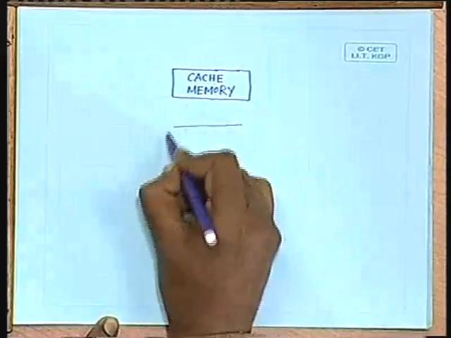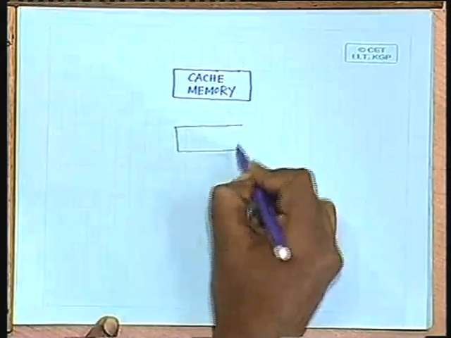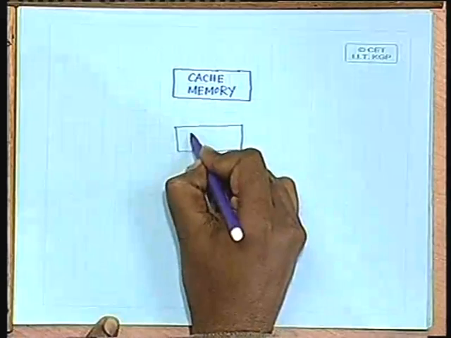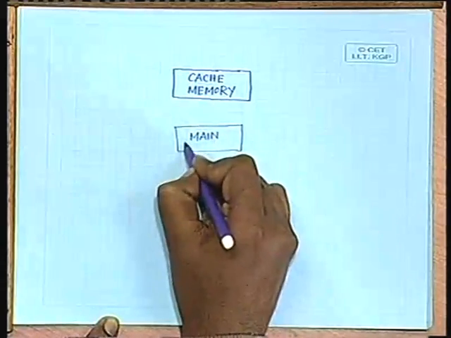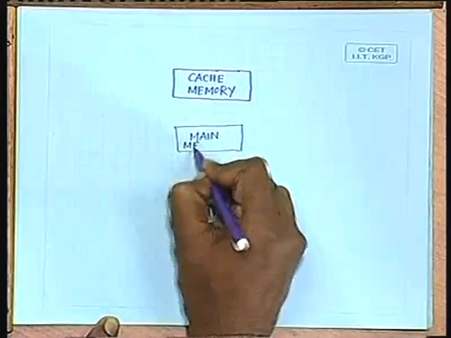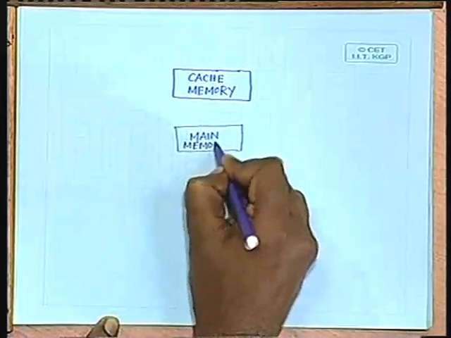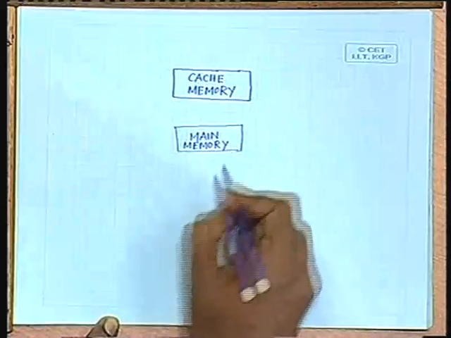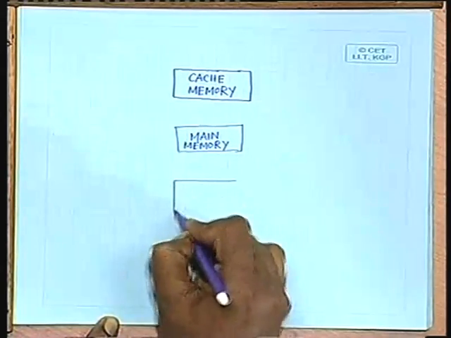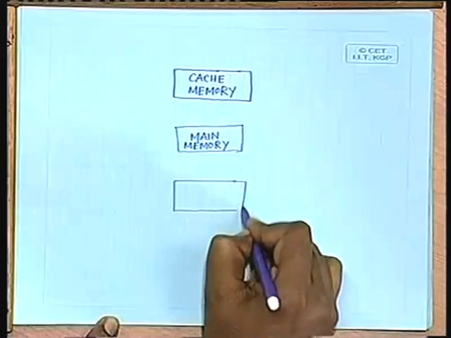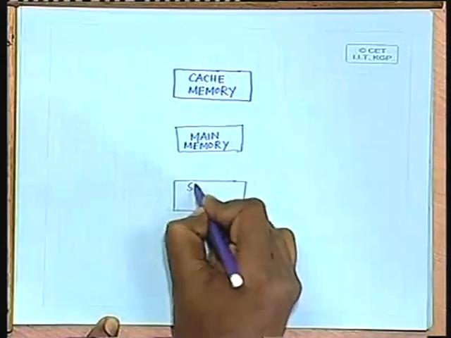At the next level, we have the main memory. And we have at the next level in the hierarchy what is called a secondary memory.